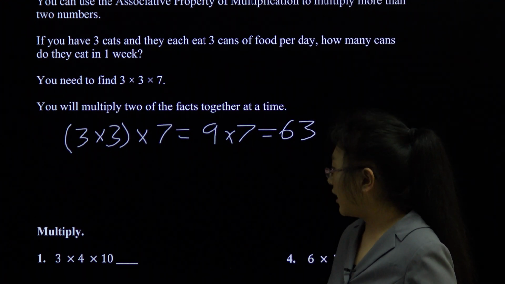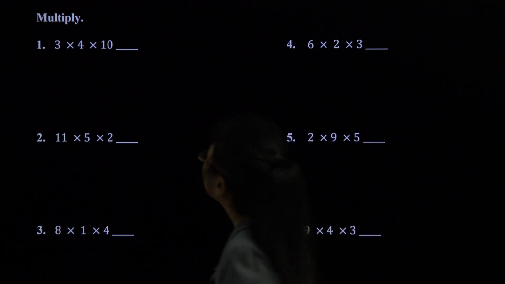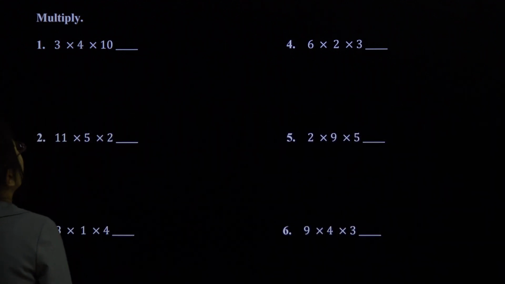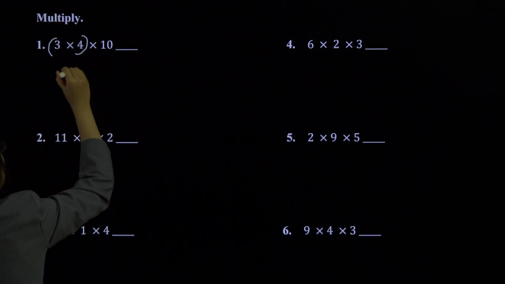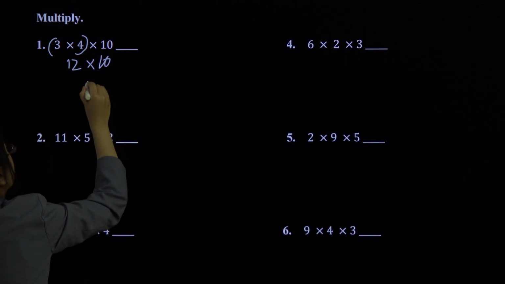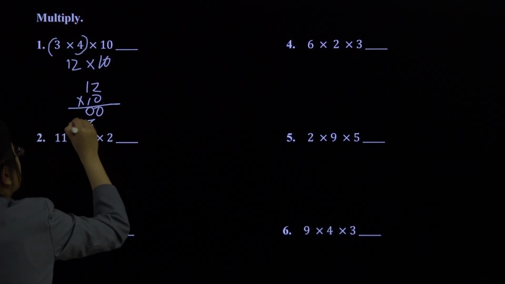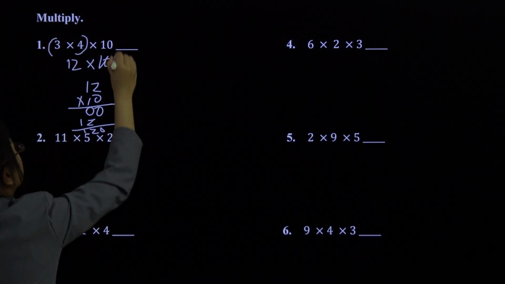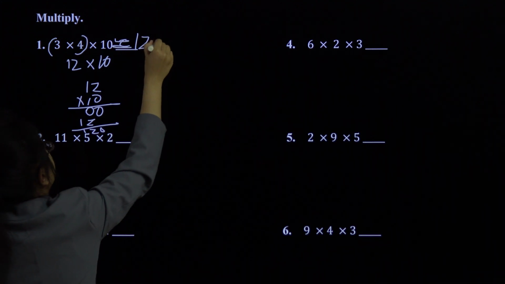So let's do some practice problems. Multiply. 3 times 4 times 10 equals 3 times 4 in brackets times 10, which is 12 times 10, which is equal to 120. That's an equal sign, by the way.